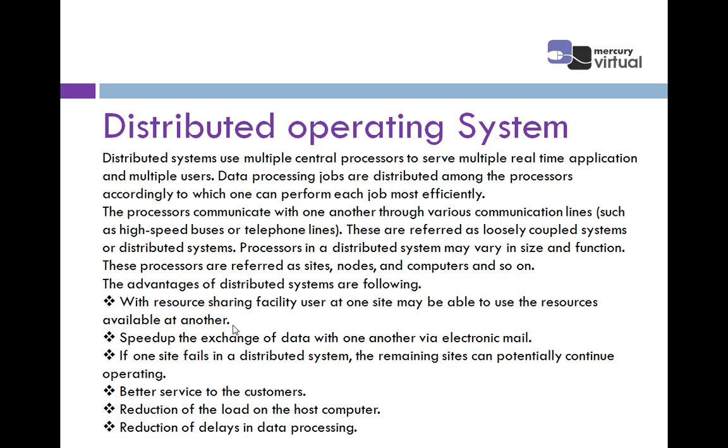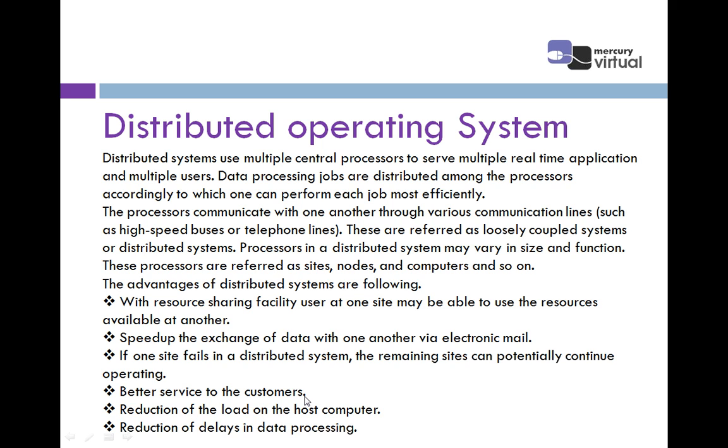C is also a different computer attached to the central computer. So B can work smoothly, C can work smoothly. There is no provision that if A fails, then B and C also fail. No. B works, C works, only A fails, and this is the main advantage when we are using the distributed operating system. Right.